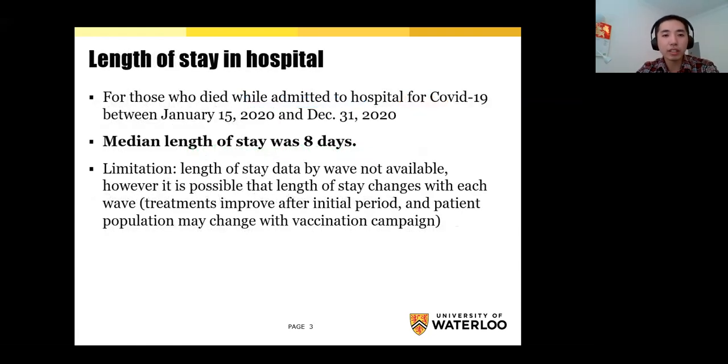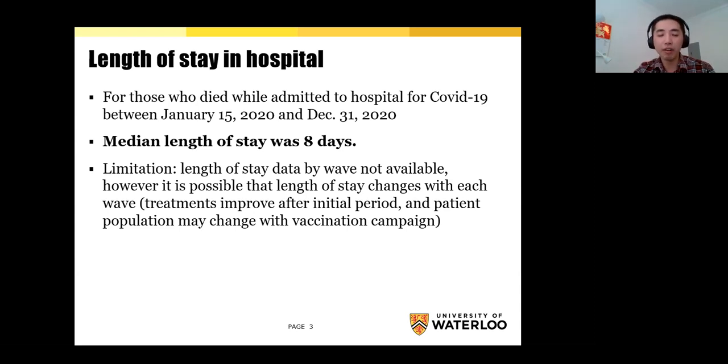One of the tricky things before we jump into the details is the length of stay in the hospital. Because as you can see, we are talking about 2 different quantities. One is the number of hospitalizations, one is the deaths. There's this lag effect. So if you want to compare them, there have been extensive studies talking about after how many days you will see the effect of hospitalization reflected on the number of deaths.